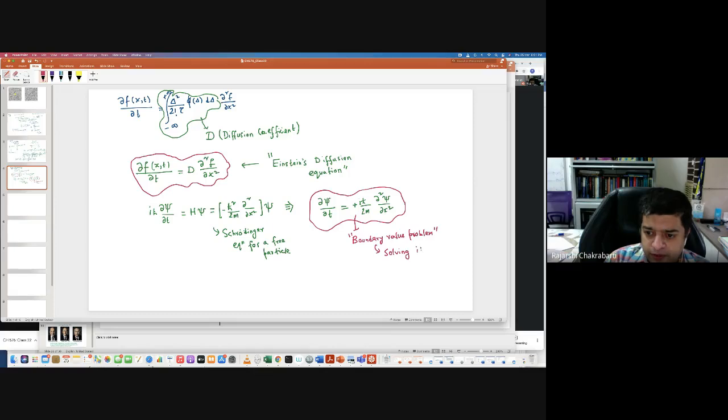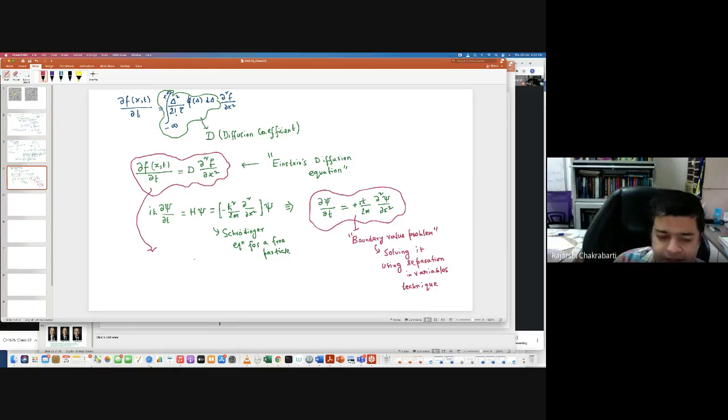Remember this? Quantum mechanics. But this equation will not be solved as a boundary value problem, because that is not the physics here.